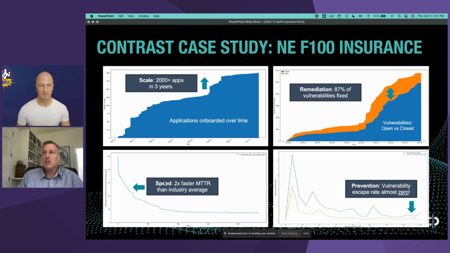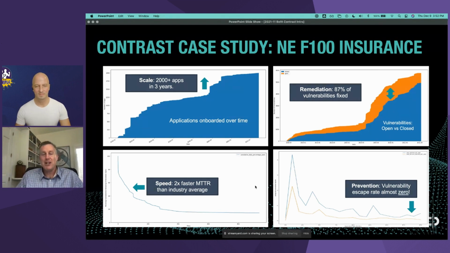When you look at MTTR, and I think everybody should be measuring mean time to remediate, it's one of the best measures of whether your AppSec program has really shifted left. If you're taking a really long time to fix vulnerabilities, then you probably didn't get them to the developer that needed them in time with the right information to get them fixed. Industry average for static analysis in large enterprises, by the way, the average time to fix a vulnerability is 315 days, which is just way too long.